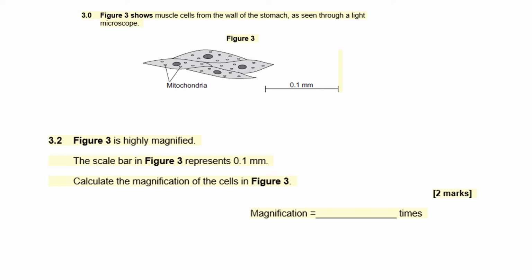I've just taken the actual length of the bar and divided it by the scale. If you did that method, whether you got 400 or near 400, or whether you did it from the screen and got a slightly different number, then you've got the 2 marks.